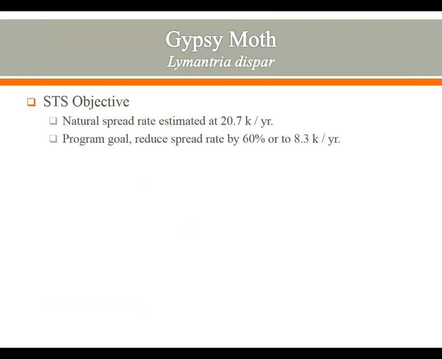The STS objective is to slow the spread. The natural spread is 20.7 kilometers per year. The program goal is to reduce that rate by 60%, or down to 8.3 kilometers per year.